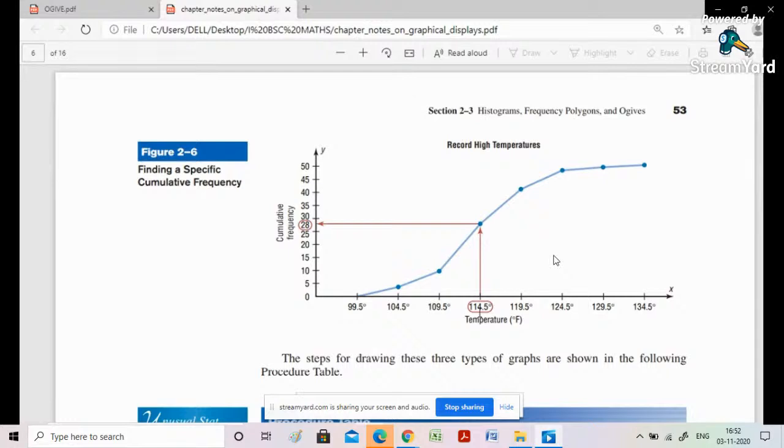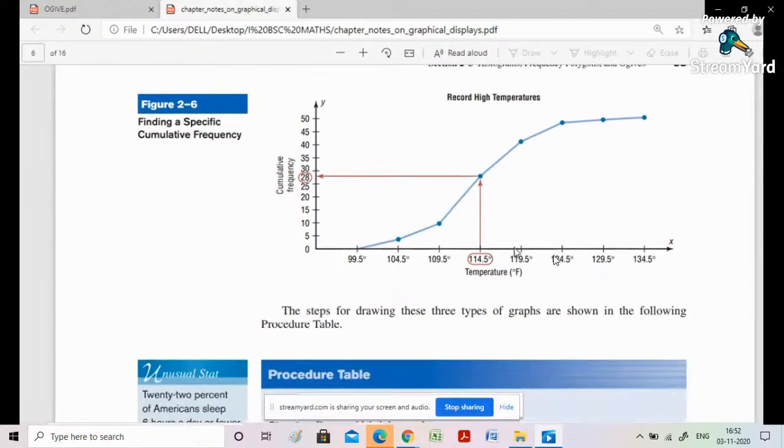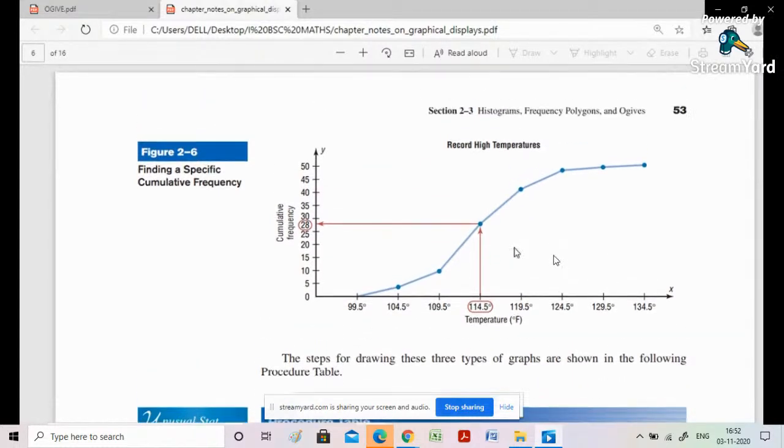In this graph, all the concepts are included. For example, we can simulate the histogram, the frequency polygon, and the data. Everything we can generate using this graph. That is the advantage of the Ogive. Just by giving the graph, we can generate the data.